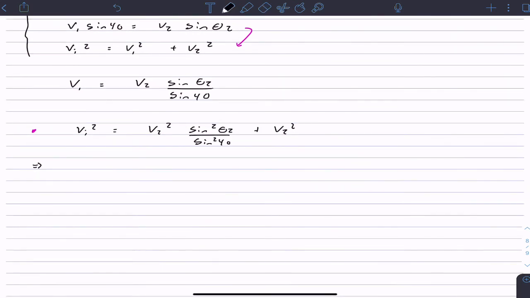So v2 is equal to vi. This is just going to be sine squared 40 over sine squared theta 2 plus sine squared 40.